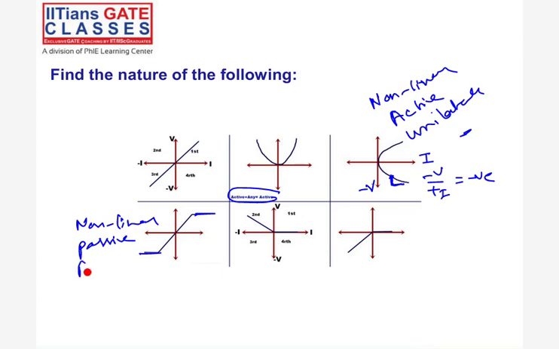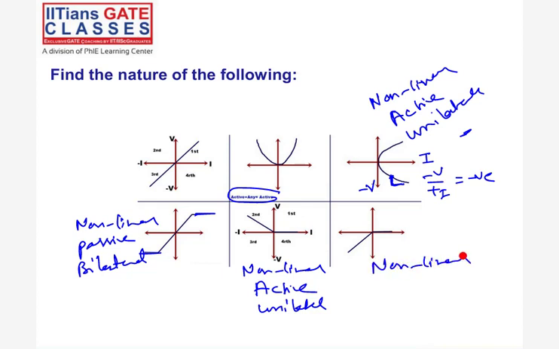So this is again non-linear, active, and unilateral. Okay, this is non-linear, and this is a positive slope, so passive and unilateral.